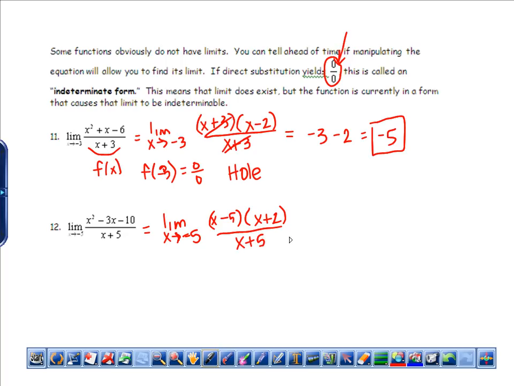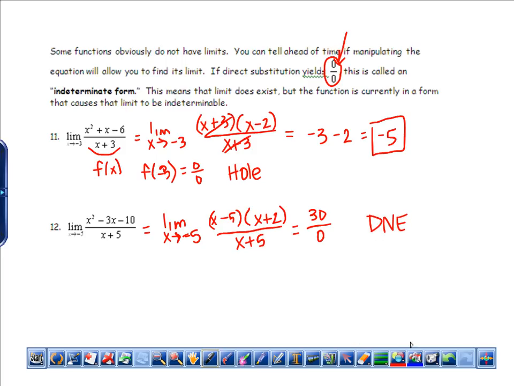Now nothing cancels here, so plugging in a negative 5, actually it seemed like it should. It was almost too tricky. It caught me off guard even though I have my notes right here. So if I plug in a negative 5, this is going to give me some number over 0. This is when the limit does not exist.